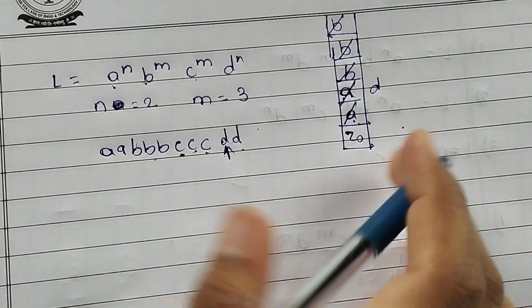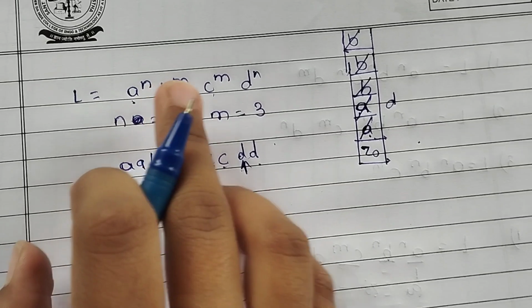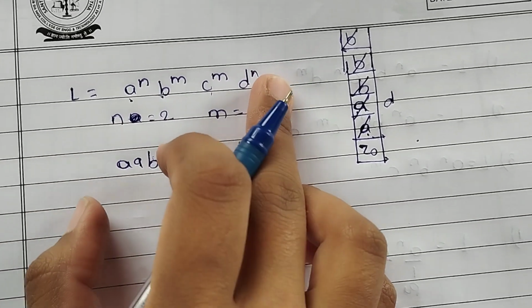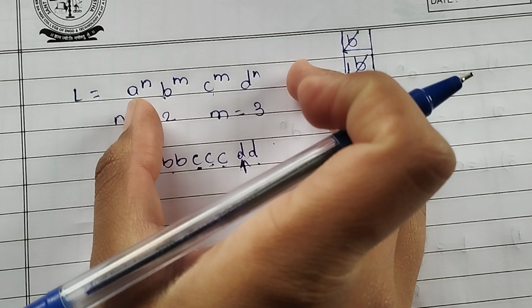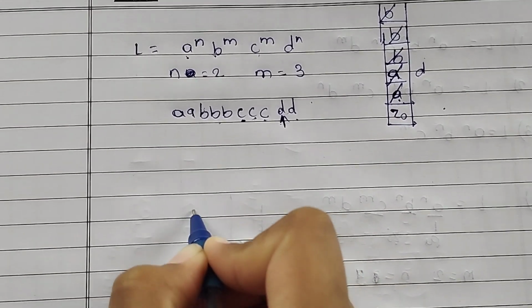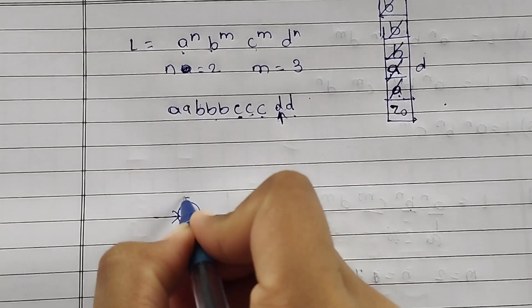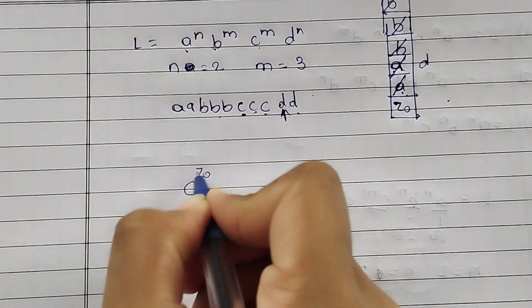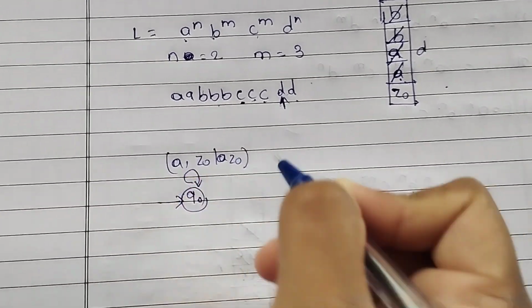So in this way build your logic: if n number of one symbol is present and another symbol is also n, then the pop operation is performed for each other. So now we draw the PDA. At the initial state Q0, initially Z0 is present and we read A, then AZ0.